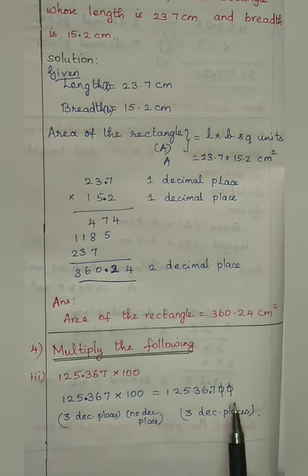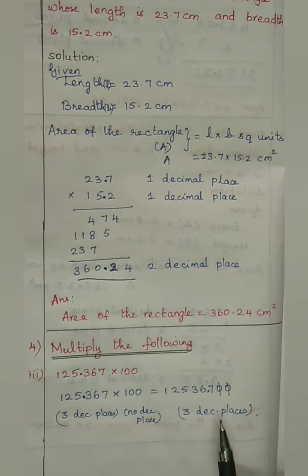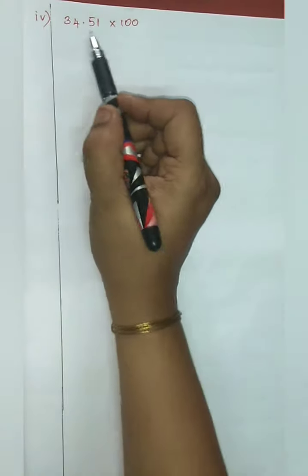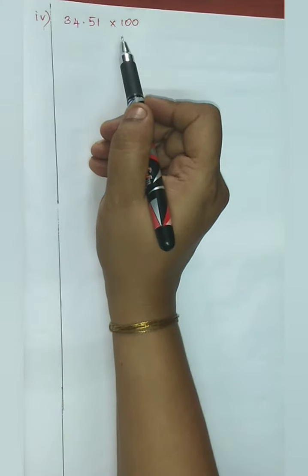Even if you write 2 zeros after 7, no problem, it is not wrong. So answer, 125.367 into 100 is equal to 12,536.7. Fourth subdivision, 34.51 into 100.